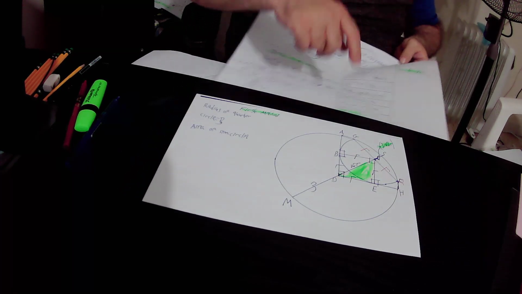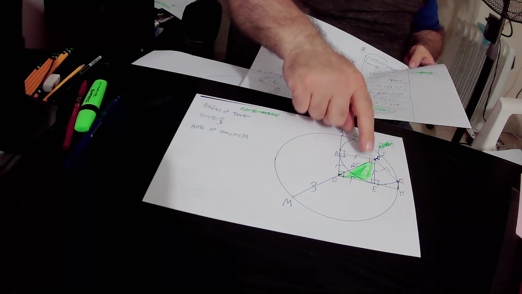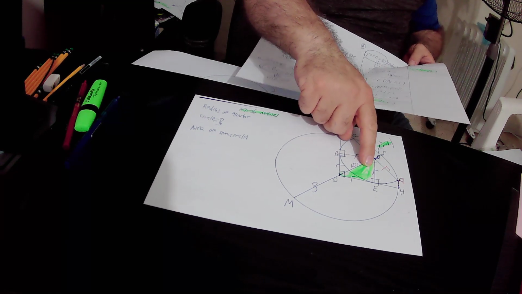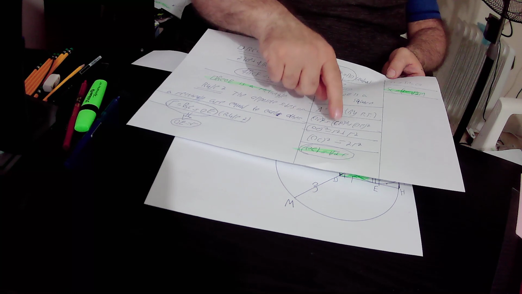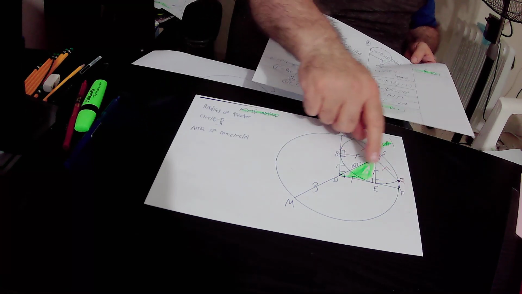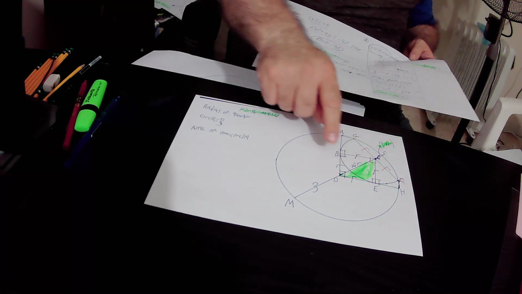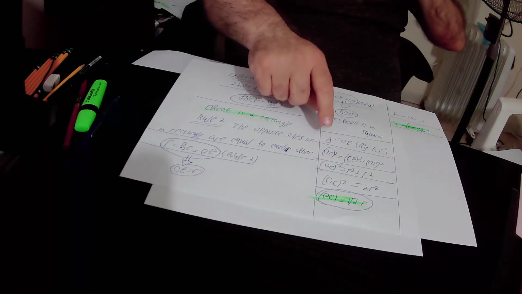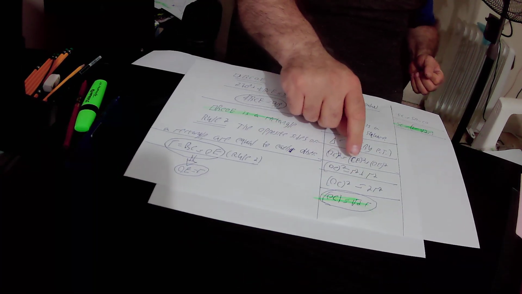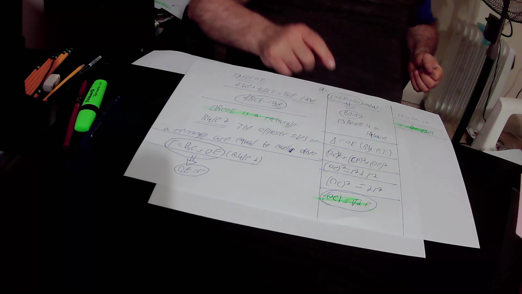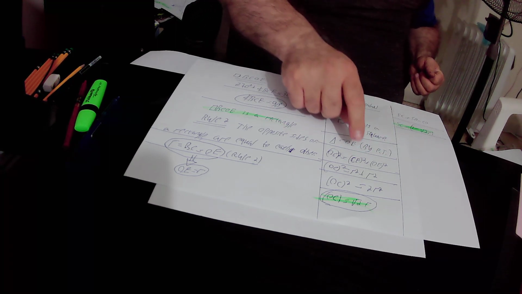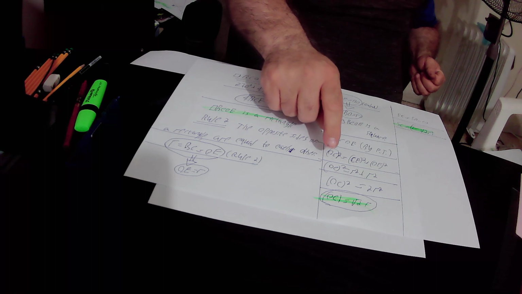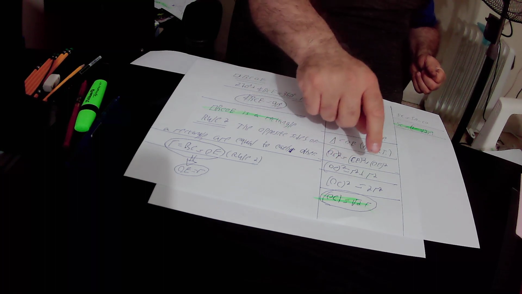CE equals R, so CE square is R square. OE is also equal to R, so OE square is R square. So in conclusion we found out that OC square equals R square plus R square, which is 2R square.